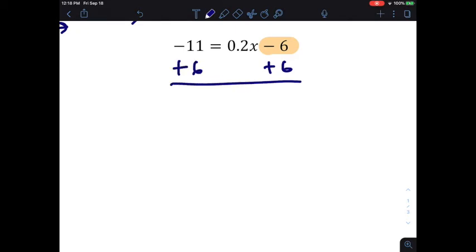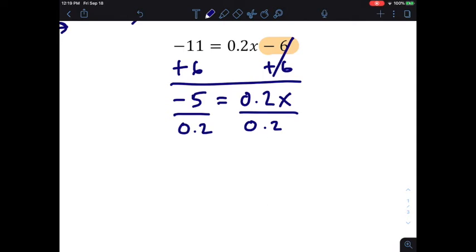And just like that last problem, we have a negative number and we're adding 6 to it. So what's really going to happen is that 11 is going to get smaller. It's going to become a negative 5. And then since the 6's cancel each other out, we have 0.2x. And then we're going to divide by 0.2.